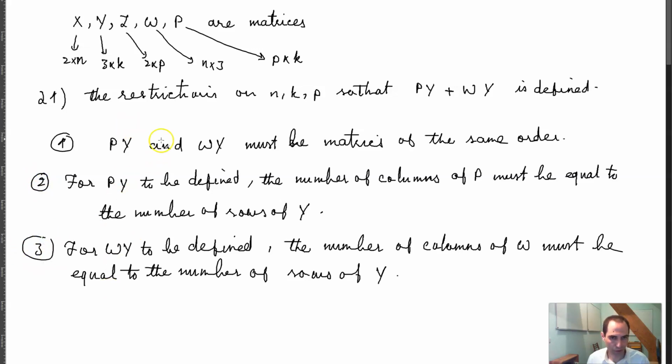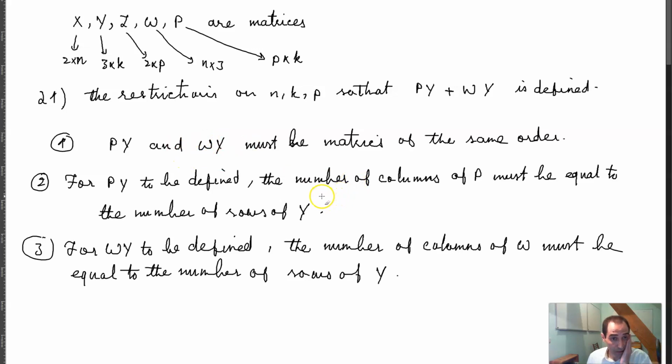So we have to take into consideration all of these restrictions, and out of that calculate some numbers for the variables that you have here related to, of course, PY and W and Y, right?